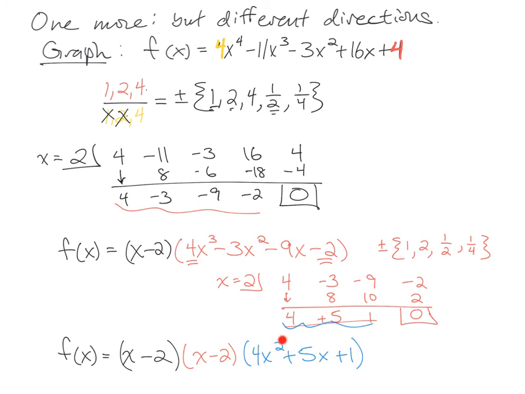You take a look here, 2. The degree in here is 2. The degree is the biggest exponent. The degree up here was 4. 4 is 2 more than 2. So that means we were going to have to go through and do 2 synthetic divisions.